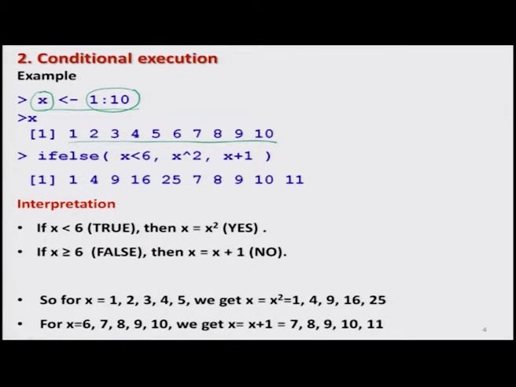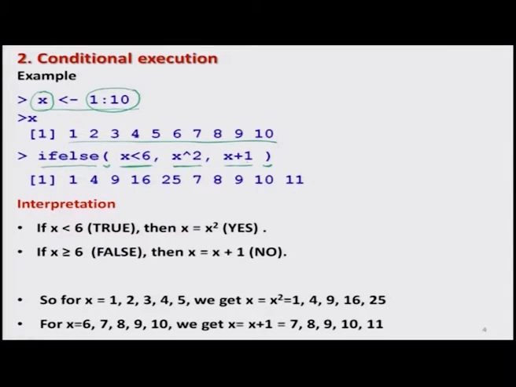What I want to do here, if you try to see, first I am writing if else, then inside these brackets, I am writing the first statement, x less than 6, the second statement is x square, and the third statement is x plus 1.